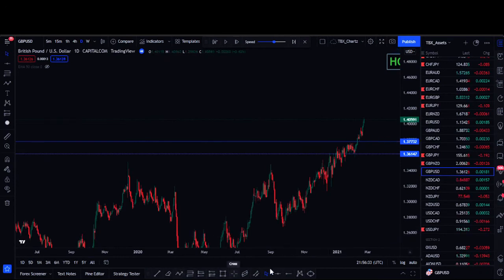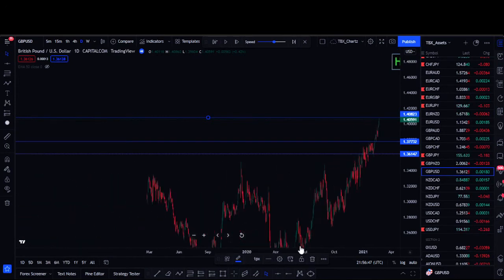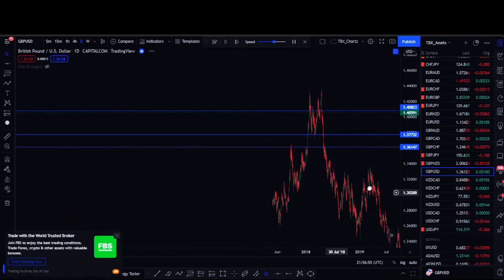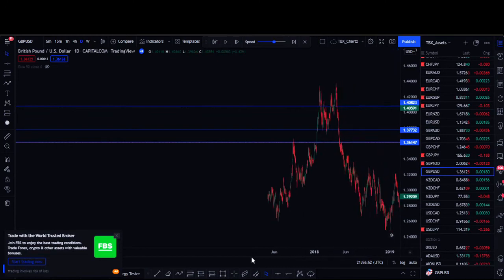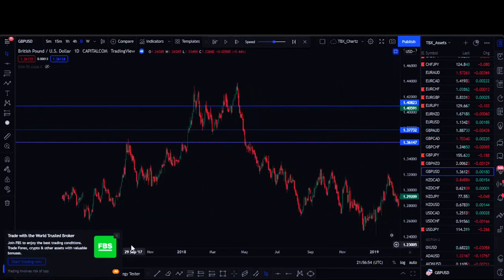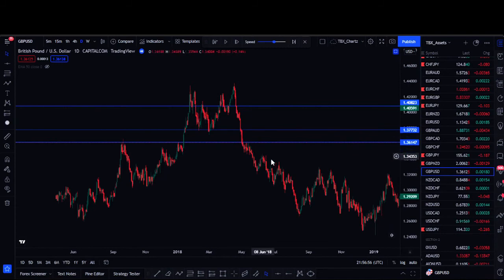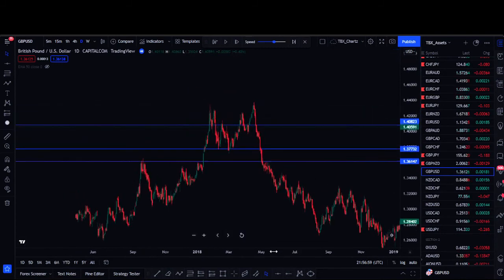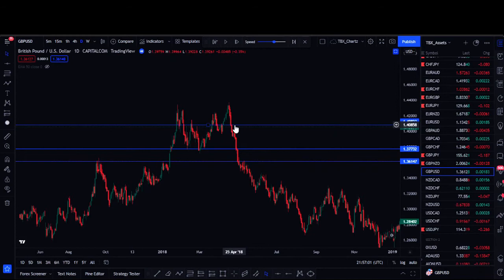I'm going to take a horizontal line and place it on the highest high of my recent candle, or the last candle that has been closed. Then I'm going to go far back to the previous prices and look for my recency and frequency right there. Since this is where price is currently, where do you think the support and resistance zone is going to be? It's going to be right here.